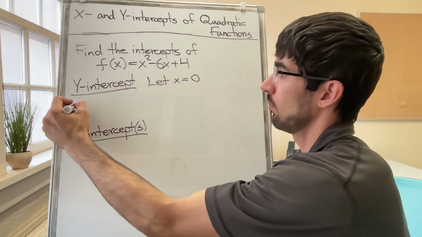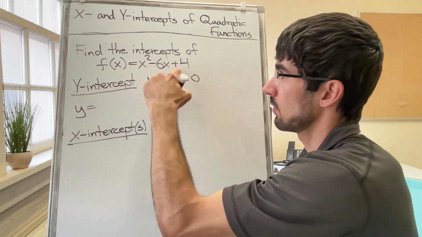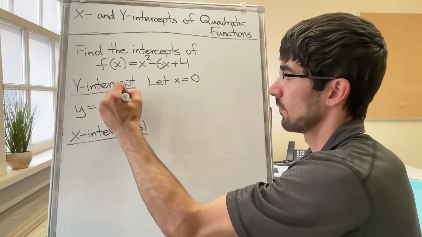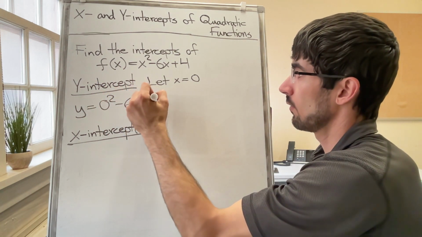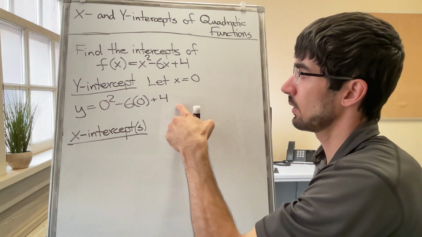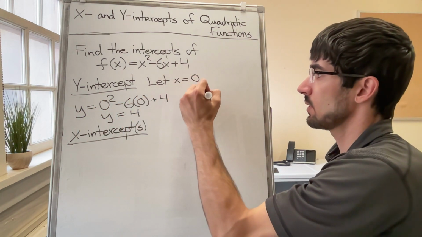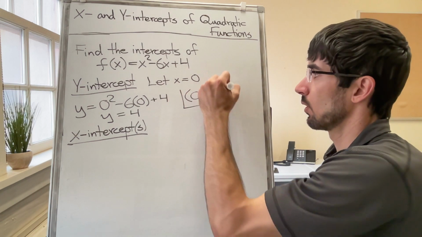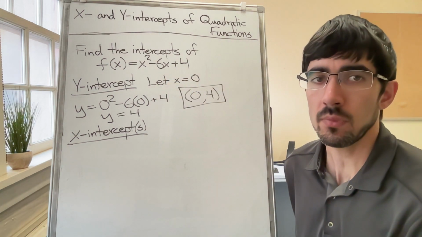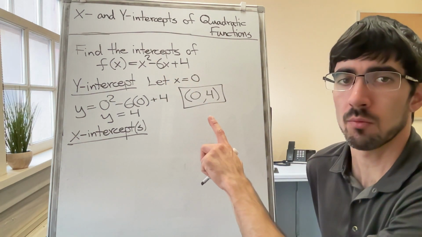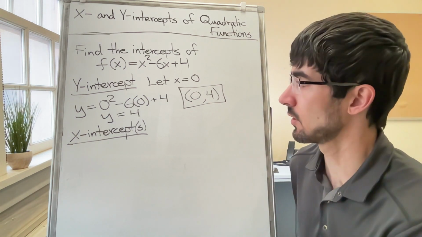So that's just a matter of plugging in x equals 0 to this function. All the variable terms work out to 0 and we get y equals 4. So our y-intercept is the point (0, 4). We will always be able to define a y-intercept for a quadratic function.